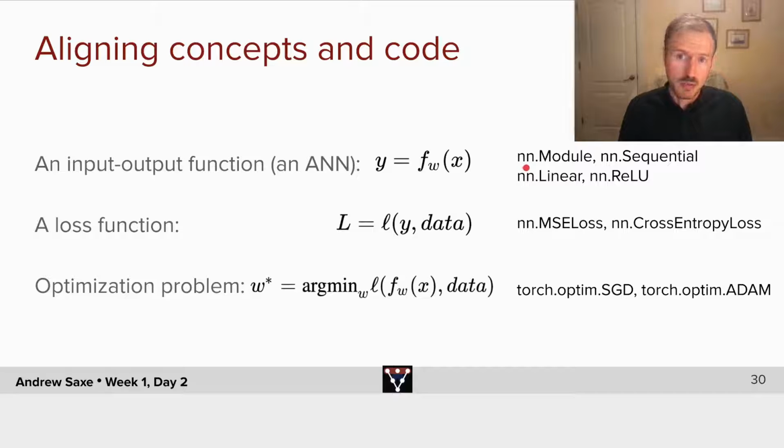So you can have a generic neural network module that gives you some basic default settings like weights and biases being trainable parameters. That's quite a generic thing that you can put a lot of different methods into. Or slightly more specific, you can use the neural network sequential container, which basically will take a bunch of modules and connect them one after another in a chain. Very easy to make a deep network using that particular structure.